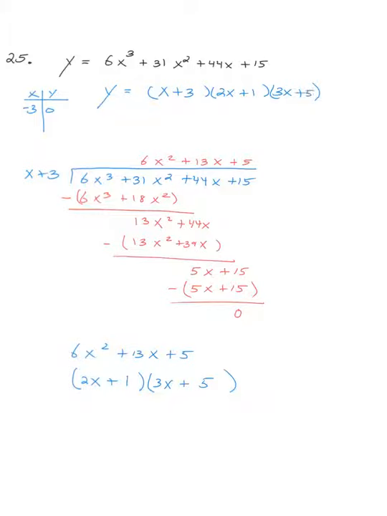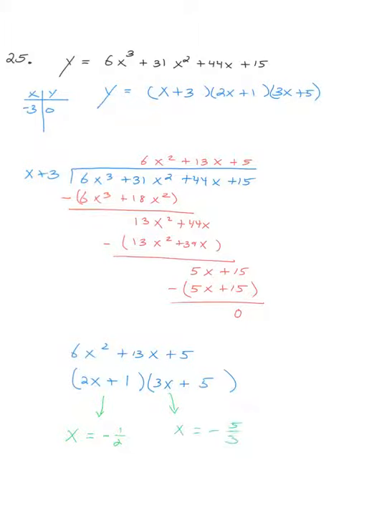And if you check this out, x times 2x times 3x is definitely 6x cubed. 3 times 1 times 5 is a positive 15. If I want to be extra careful, I can use my graphing calculator to check my work. This factor is equal to 0 at -1/2. And this other one is at -5/3.